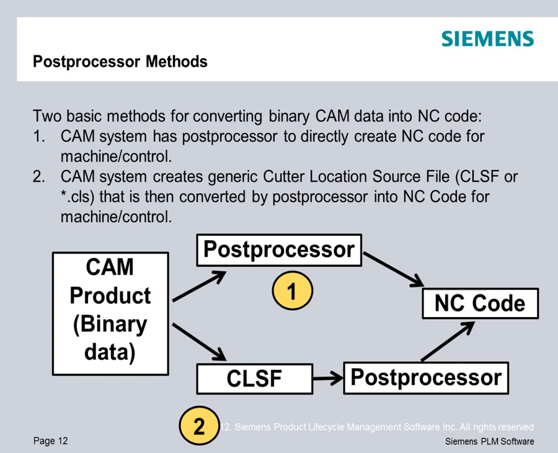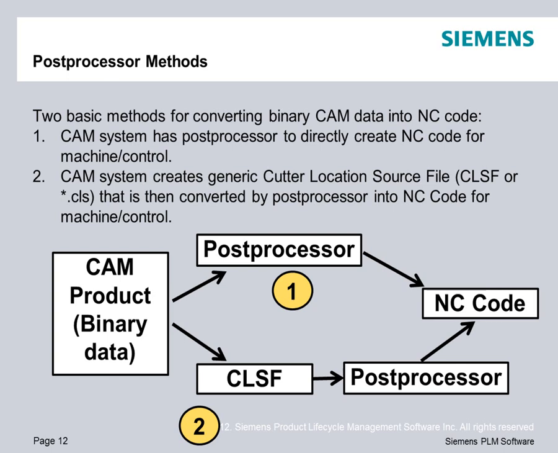The second method is a two-step process, and what happens here is generally a third party, not the CAM system vendor, will actually create the post-processor. So what happens in this case is the CAM system simply creates a generic cutter location source file, or CLSF, and then that CLSF is converted by the post-processor into NC code for that machine or control.